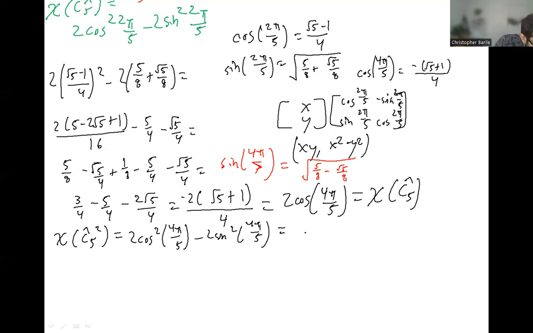And it turns out what this ends up equaling, I'll go through it, is, well, we sub in cosine squared 4 pi over 5. We have that over here. We factor it out. We keep the 2 that we have, and we get 2 root 5 plus a 5, over 16.